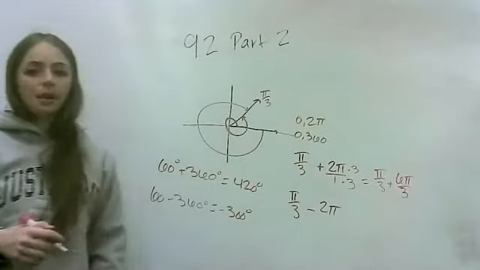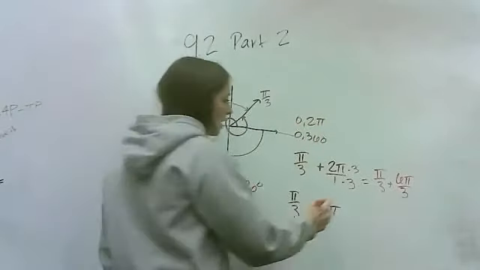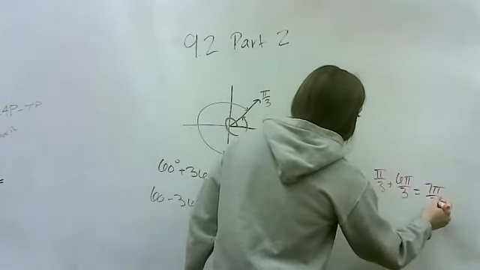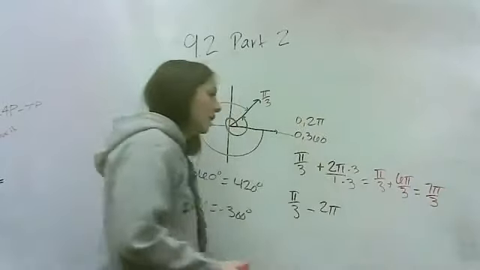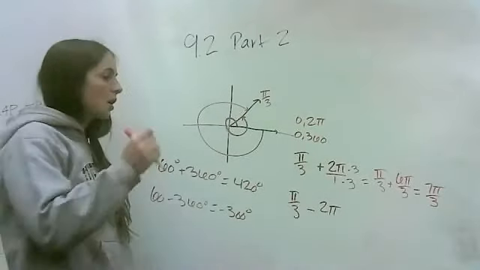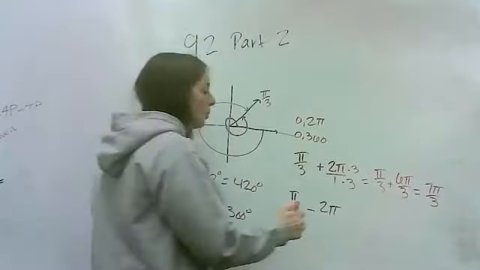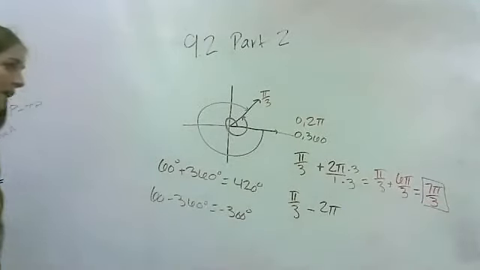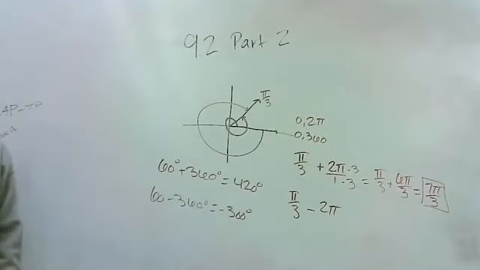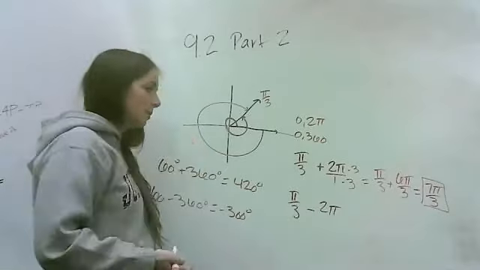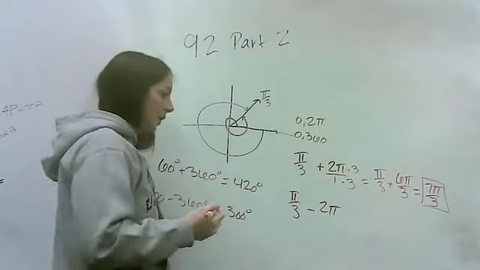Now we have a common denominator, so we can add. 1 pi plus 6 pi is 7 pi. And again, you do not add the denominators, that's the point of the common denominator. So our first coterminal angle would be 7 pi over 3. And again, I can continue adding 360 or can continue adding 2 pi to find infinitely many coterminal angles.